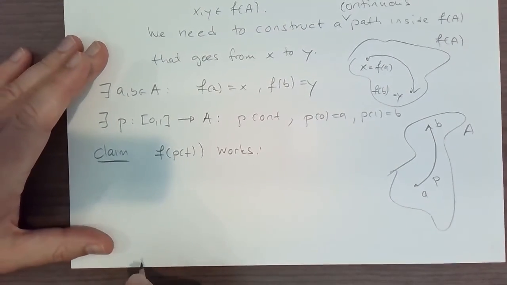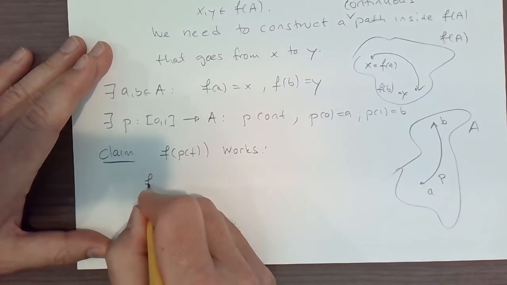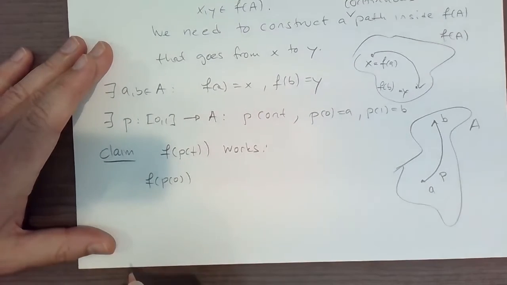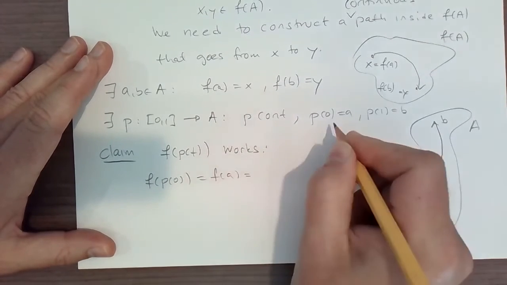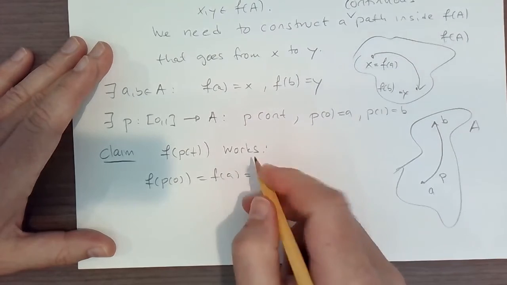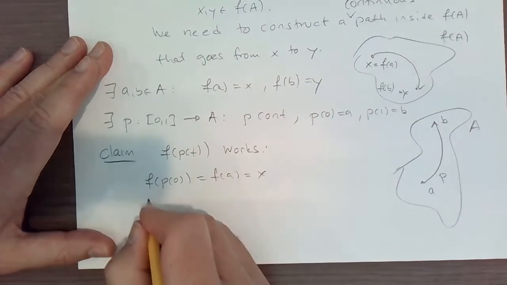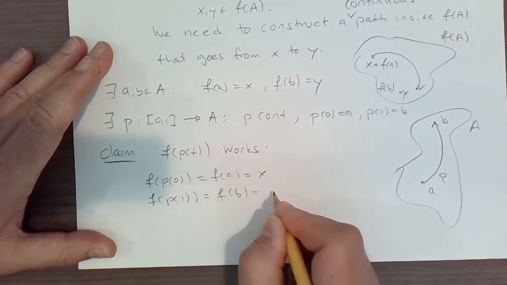Well, first off, where does it take values? So f of p of 0 is equal to f of a, since p of 0 was a. This is my X. f of p of 1 is f of b. This is my Y.